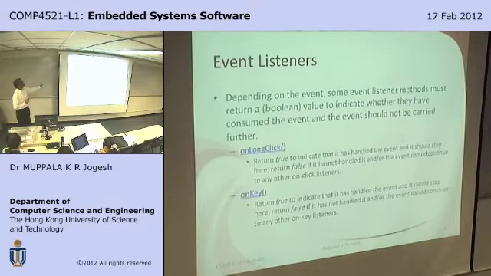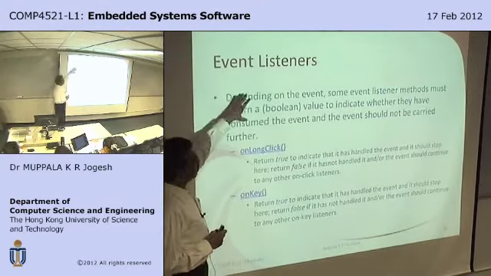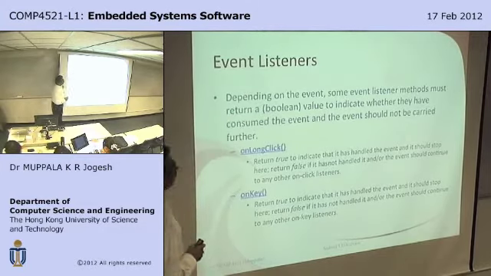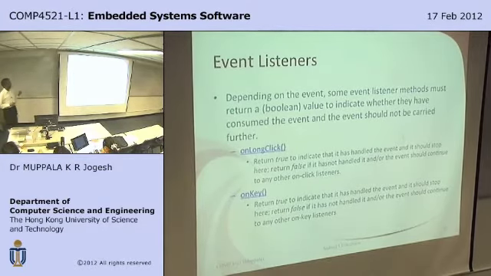So, now for event listeners, depending on the event, some listeners return a Boolean value to indicate whether they have consumed the event or not. Why is this necessary? As you saw, with a button, for example, you can do both click as well as long click.